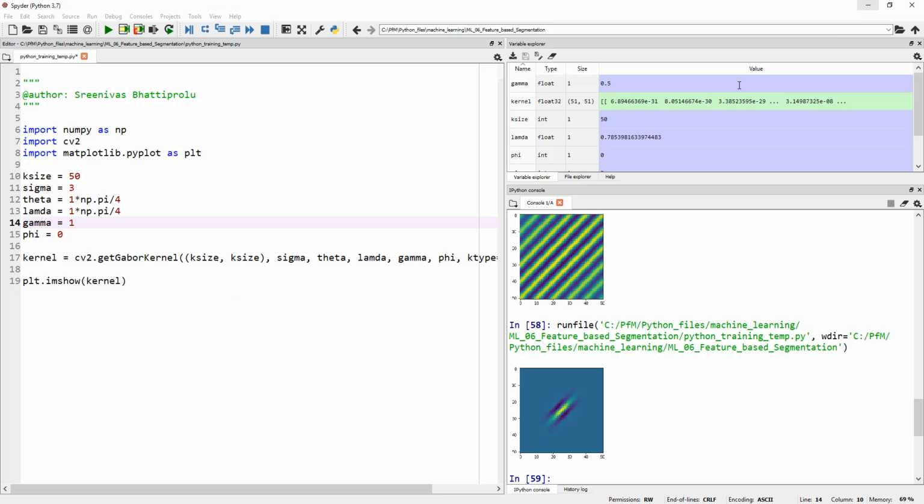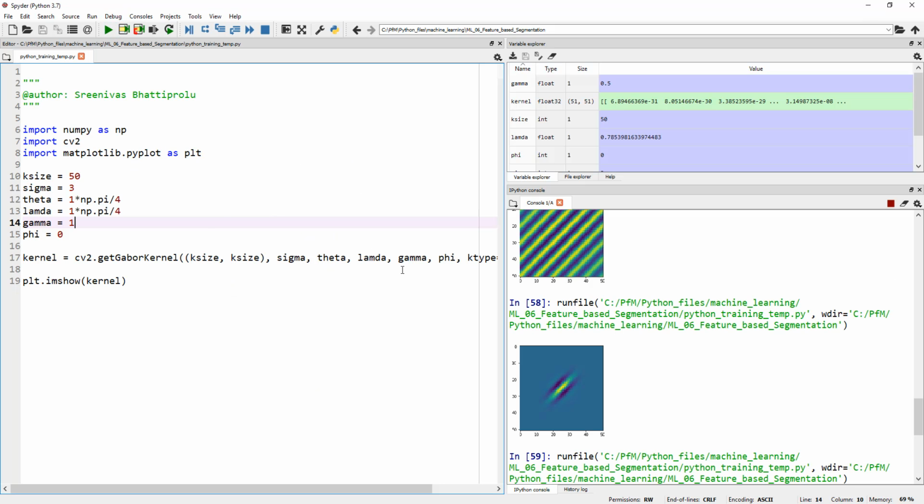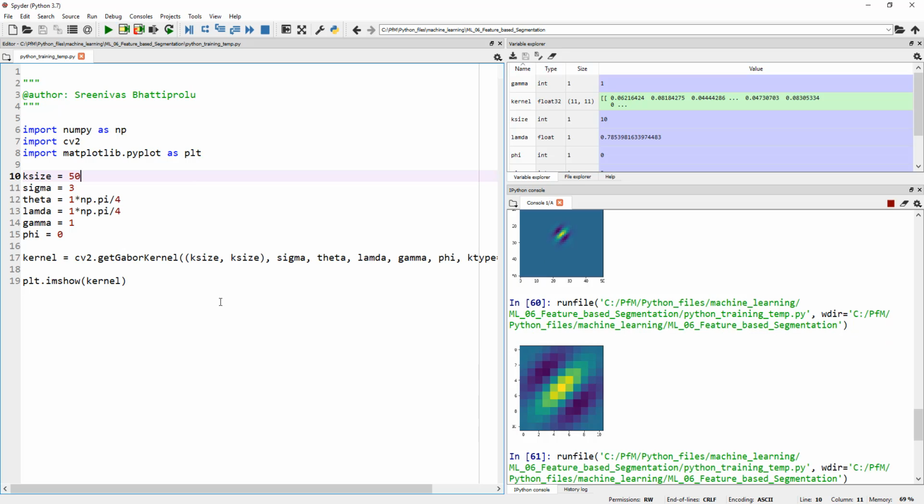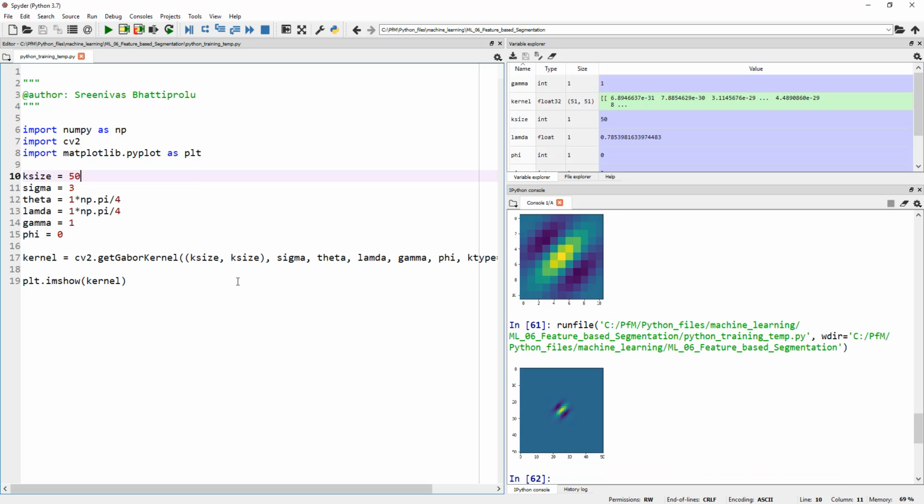So our aspect ratio reflects a circular kernel. I don't know if you can see it, but that's more on the circular side. Okay, so let's go to a kernel size of 10. I don't know if that makes it better to visualize. No, it doesn't. So let's go back to 50. Hopefully you can visualize this right there.